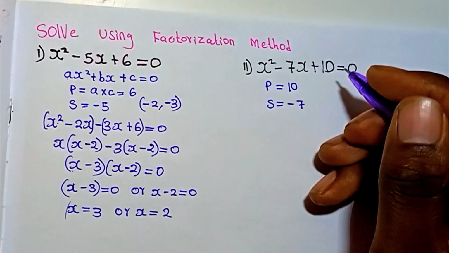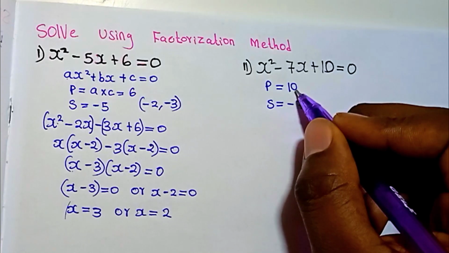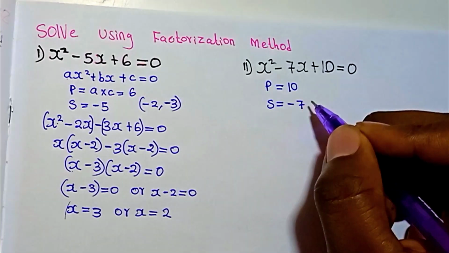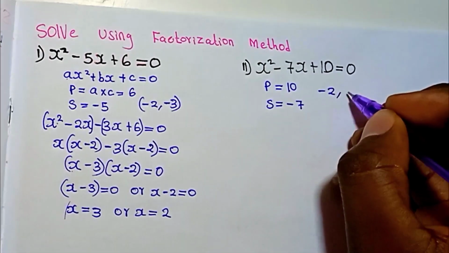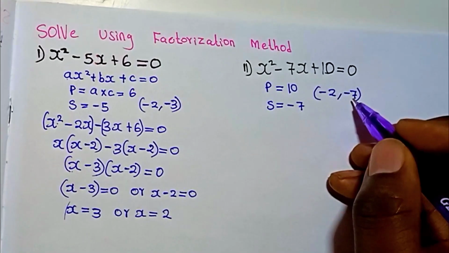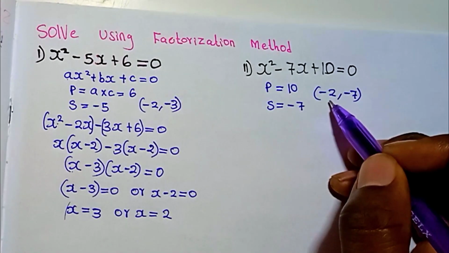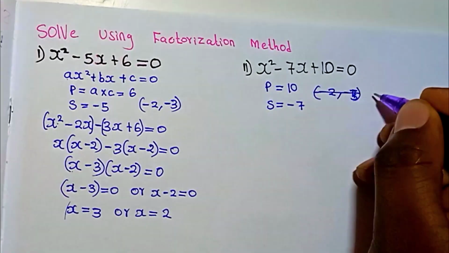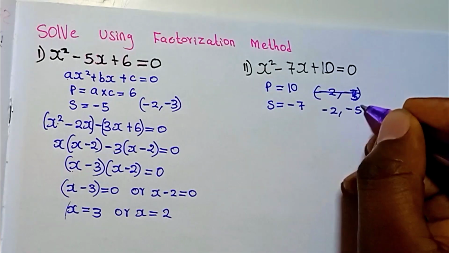So we are going to find two numbers such that when we multiply those two numbers, we're going to have 10, and when we add them, we're going to have -7. So in this case, we're going to have -2 and -5.